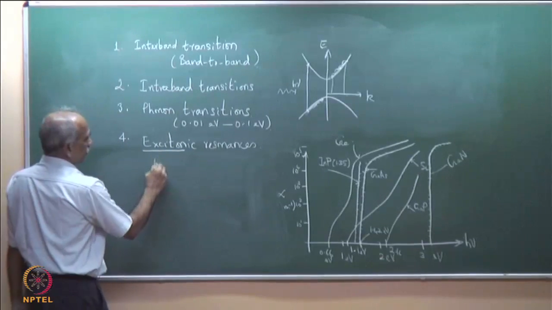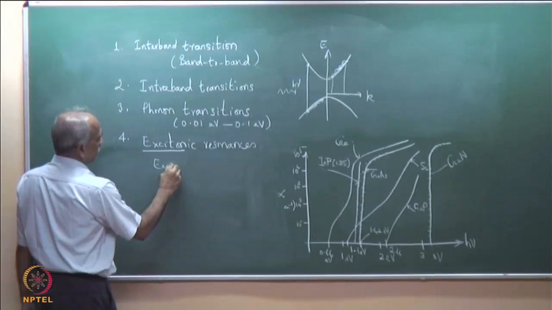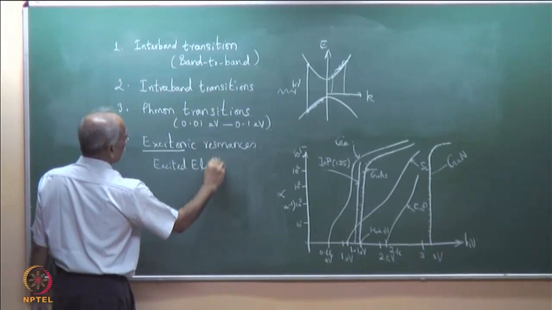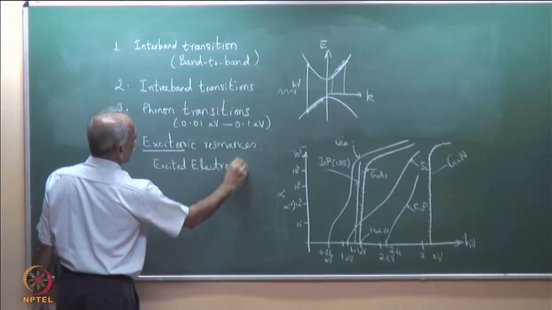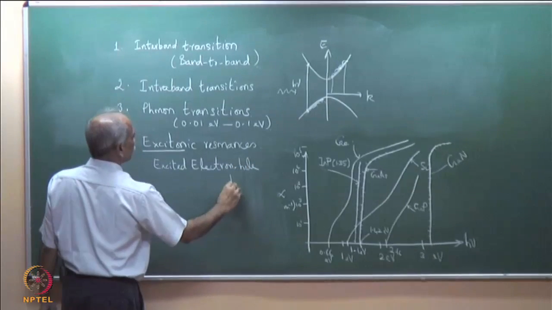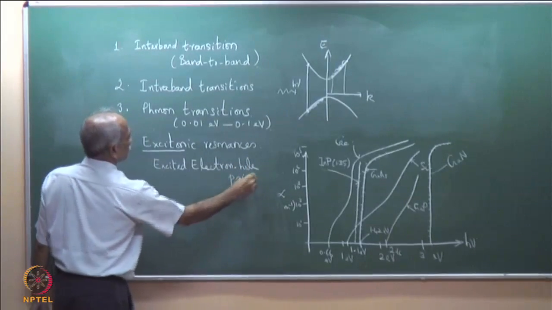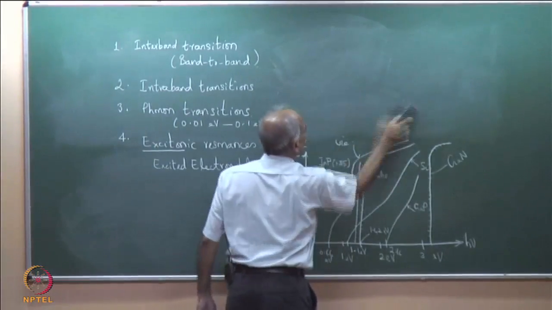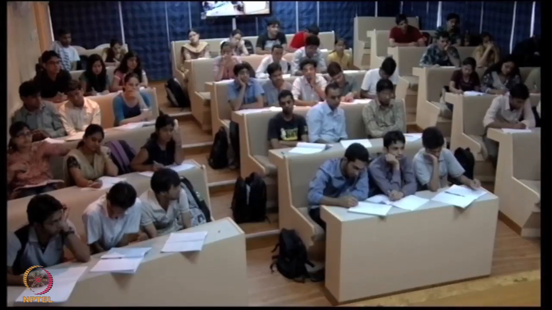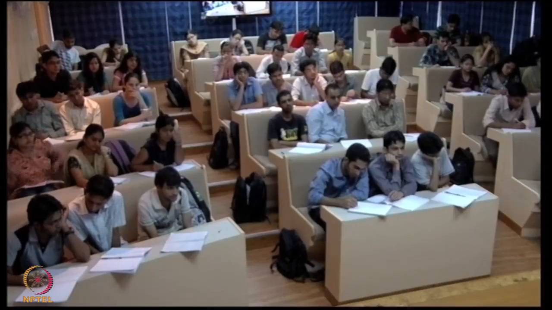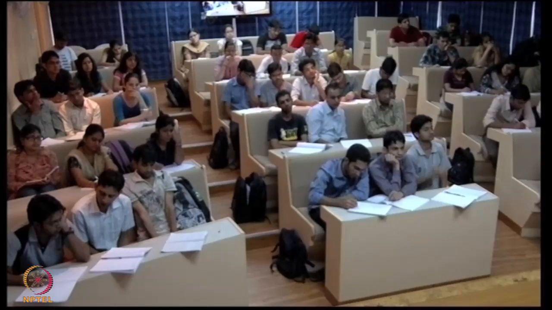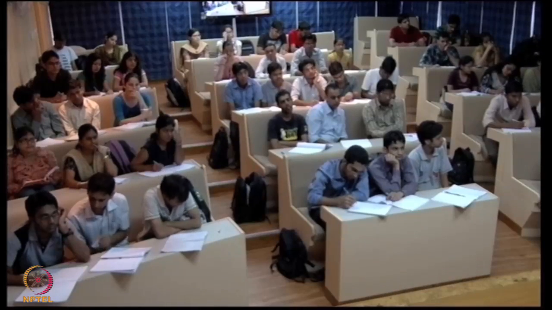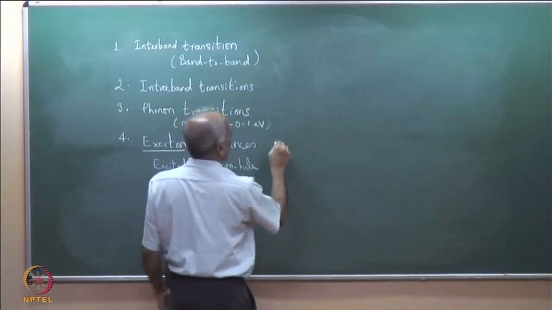Exciton here refers to an excited electron hole pair. What it means is excited electron hole pair. Let us see, this is only an introduction.